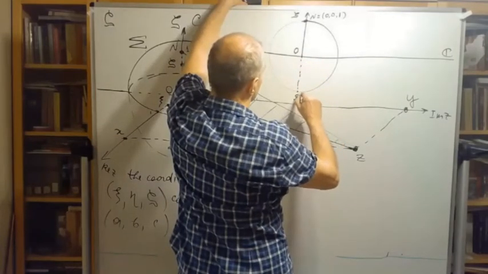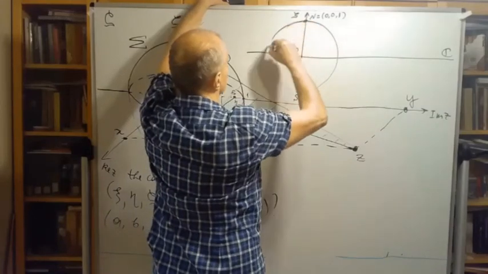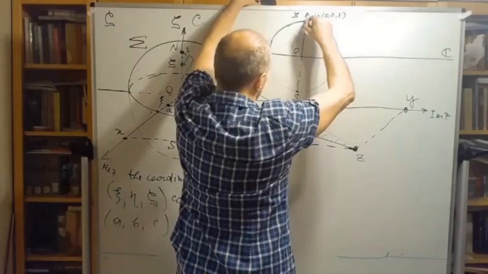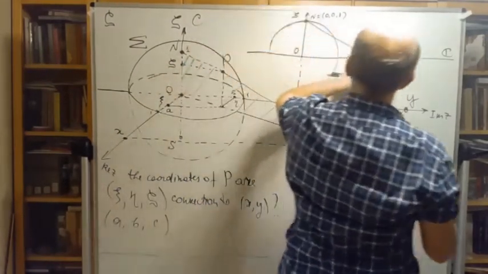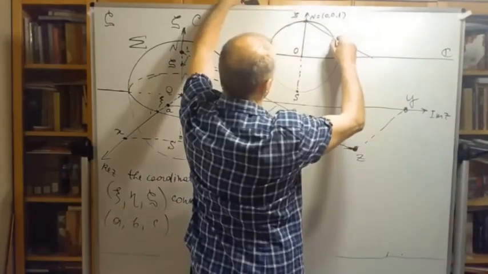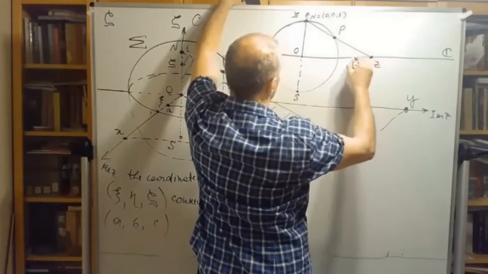This is the South Pole. By the way, now North Pole is seen on top of this circle because we have a flat picture. And then there is point P and point Z.